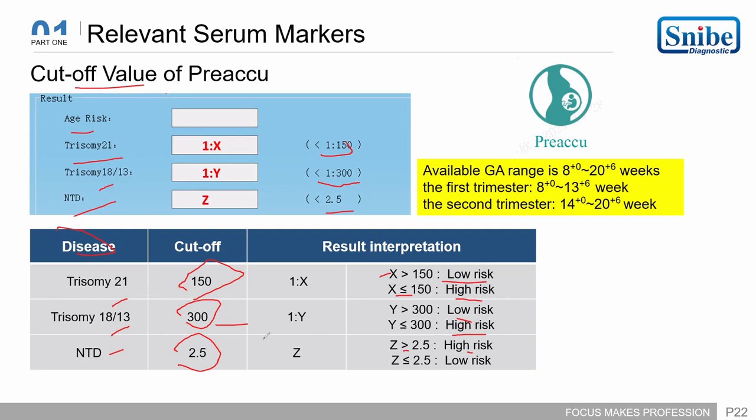The available gestational range is 8 to 20 weeks, with the first trimester 8 to 13 weeks and the second trimester 14 to 20 weeks. These are the trimesters in which the screening assays can assist in risk assessment, differentiating low risk from high risk on the basis of these values.